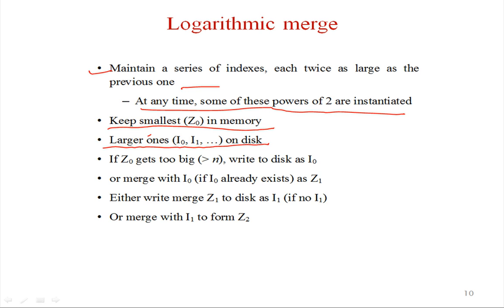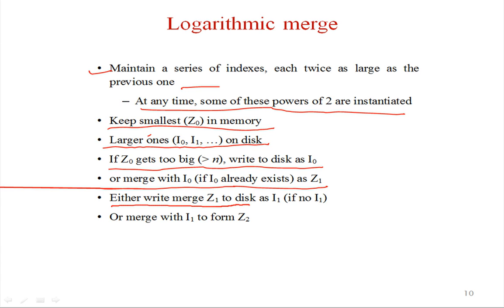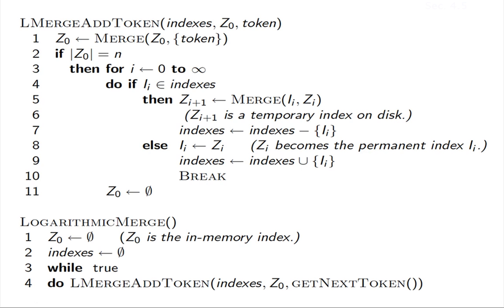If Z0 gets too big, greater than n, it is written to disk as I0, or merged with I0 if I0 already exists, as Z1. Either write Z1 to disk as I1 if there is no I1, or merge with I1 to form Z2. Now it will clear from here also.